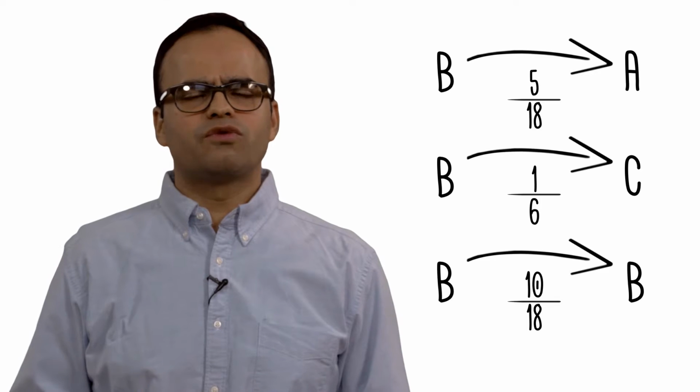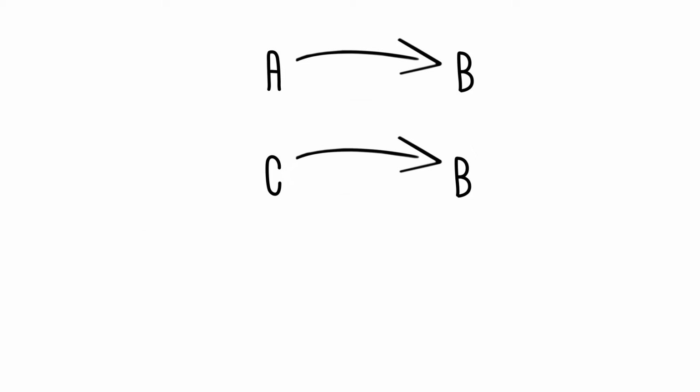In a similar manner, we can design rules for A and C. In particular, if we look at transitions from A to B and C to B, the transition rates should turn out to be 1 over 18 and 1 over 6 respectively. This gives us a weighted formula.